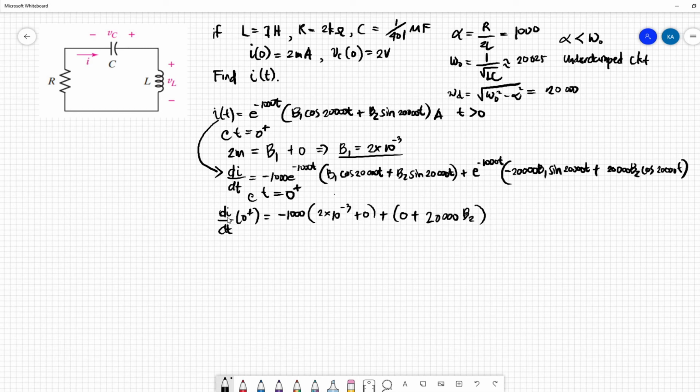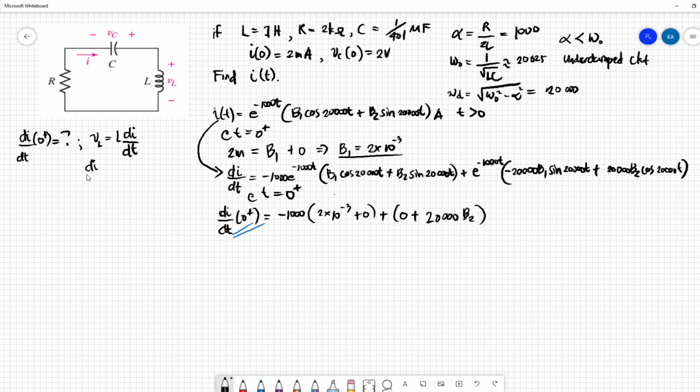So what is di/dt at 0 plus? Take note that our VL can be expressed as L di/dt.